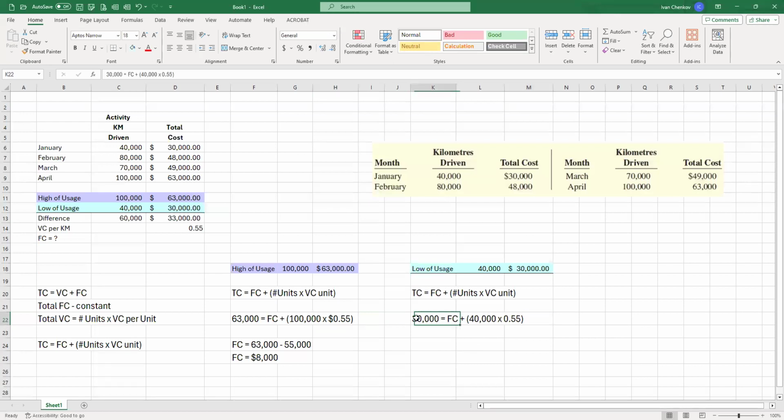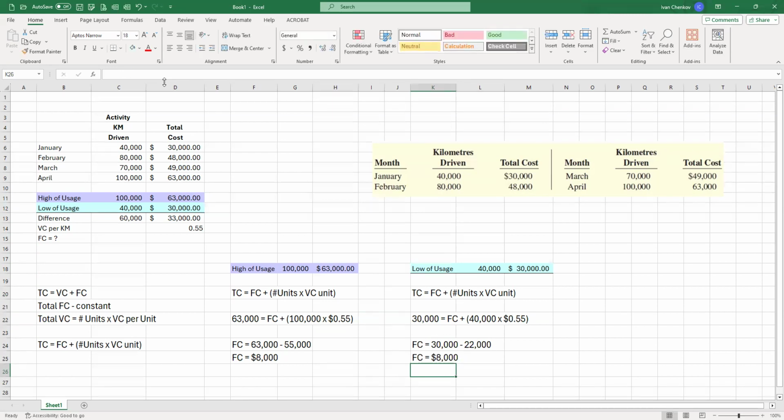Yes. So, can I express my fixed cost? Yes, I can. Fixed cost will be equal to 30,000 minus 22,000. So my fixed cost will be equal to what? 8,000. 8,000 again.